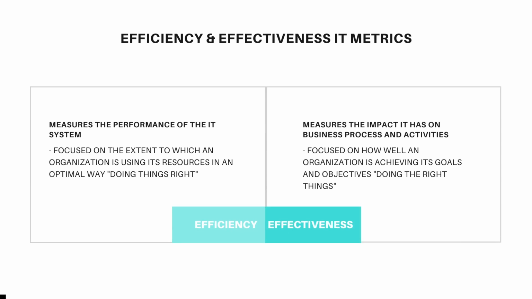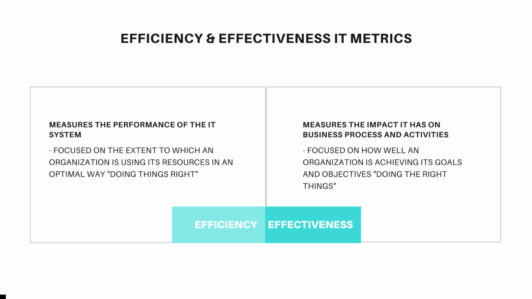This is efficiency and effectiveness IT metrics. Efficiency IT metrics are used to measure the performance of the IT system itself, including throughput, speed, and availability. It also focuses on the extent to which an organization is using its resources in an optimal way, doing things right.